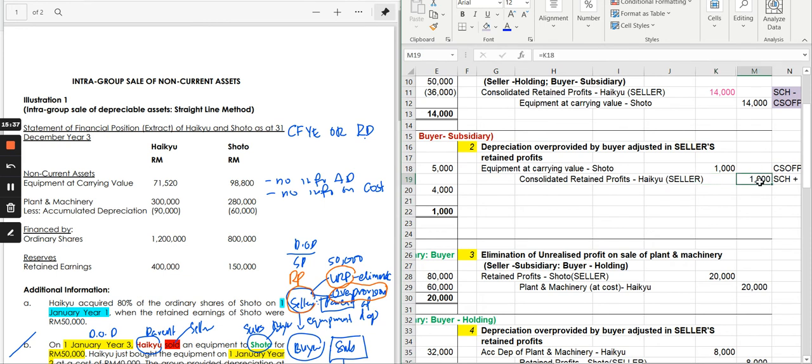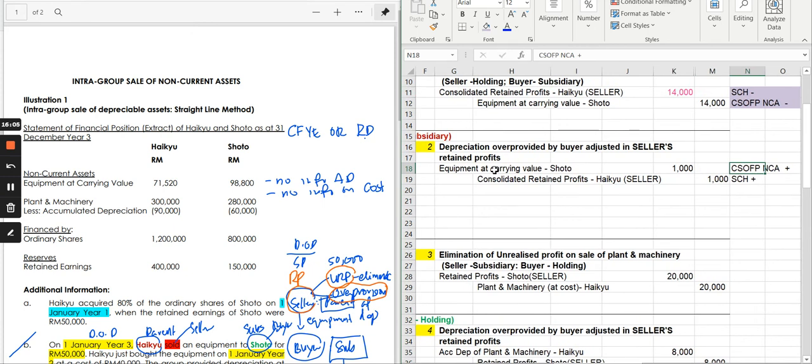And since that also affects accumulated depreciation, you need to adjust the accumulated depreciation by reducing it. You cannot reduce the accumulated depreciation account because there is none. What you can do is reduce it through the equipment, so the amount adjusted would be 1,000. You are actually reducing the accumulated depreciation because it has been over provided.